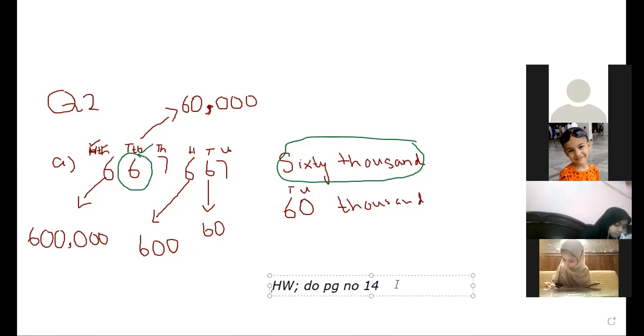Do page number 14 on notes. Write your diaries, everyone. Then ask the questions.